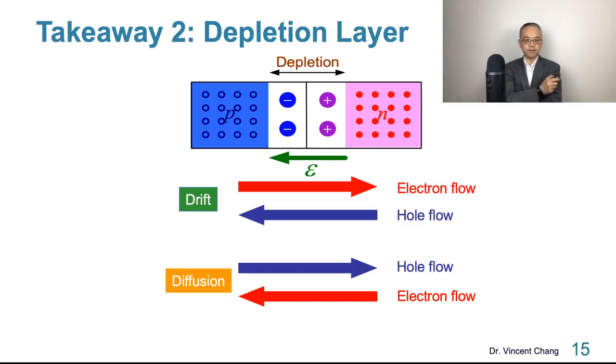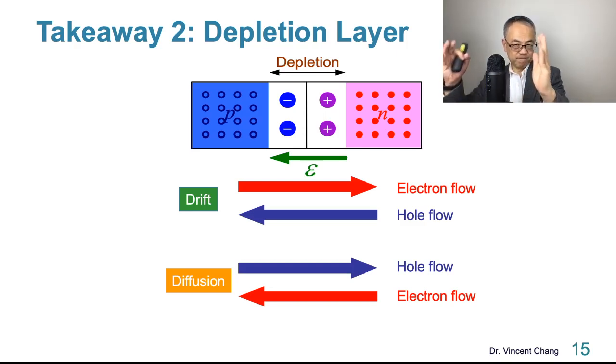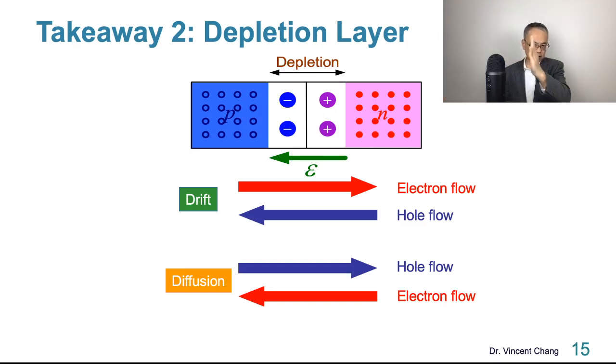The second takeaway. You see a lot of negative ions on the left-hand side of the interface, right? Here, this is the interface. On the left-hand side, there's a blank area, right?